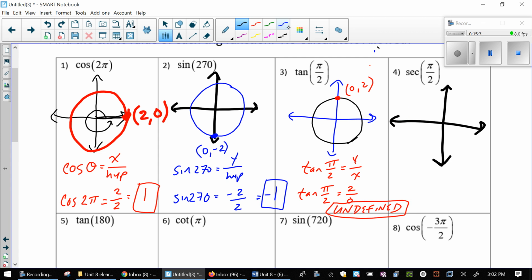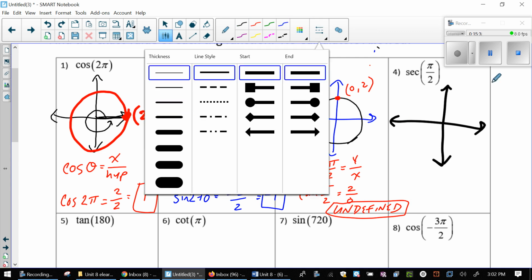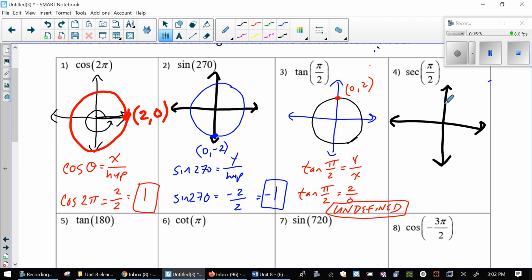All right. So if you guys remember, let's get our angle on here, and then we'll talk about pi over 2, again, is right here up on top. So if you want to draw your circle, you can. 0, 2, or you can put 0, 1 again, whatever you want to do. Secant is the reciprocal of cosine. So that means secant equals the reciprocal of cosine, which is hypotenuse over adjacent.